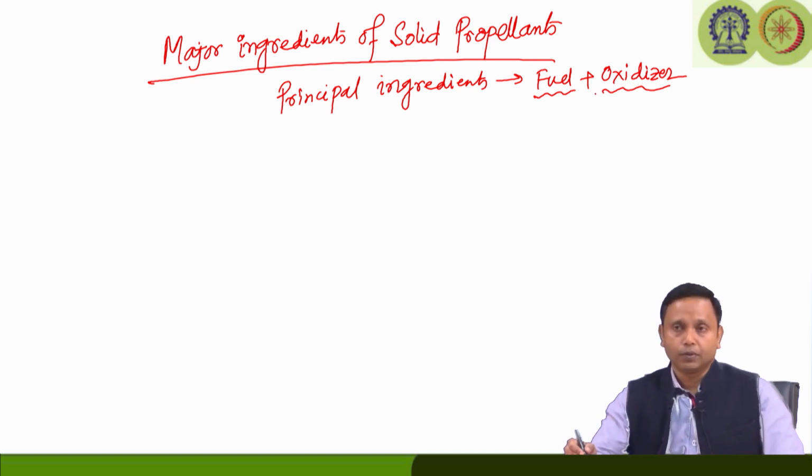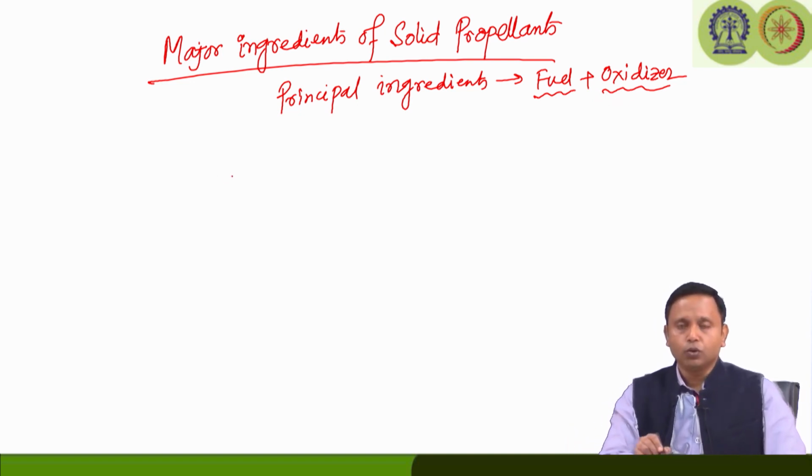An inhibitor, for example, may reduce the burn rate. So, depending on the requirements, different types of ingredients are used. It is not restricted to certain types of fuel or oxidizers, but a number of ingredients have been tried. But in our discussions, we will focus mostly on the major ingredients.